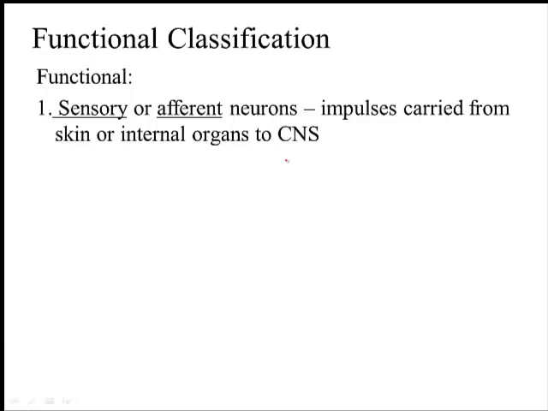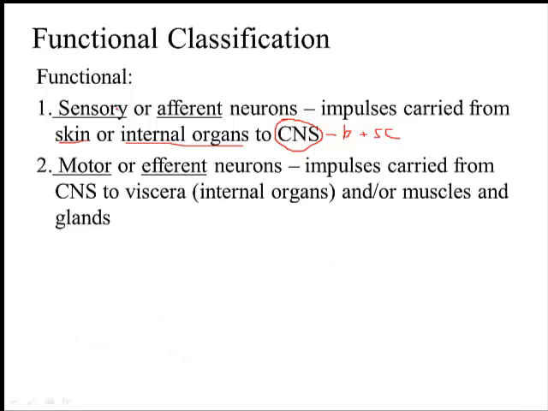These are going to be carrying impulses from your skin or your internal organs or other sense organs to the CNS, and the CNS stands for your central nervous system. So your central nervous system is your brain and your spinal cord. Okay, so these guys are going to be taking information basically from the outside world and bringing it into your brain so your brain can interpret it.